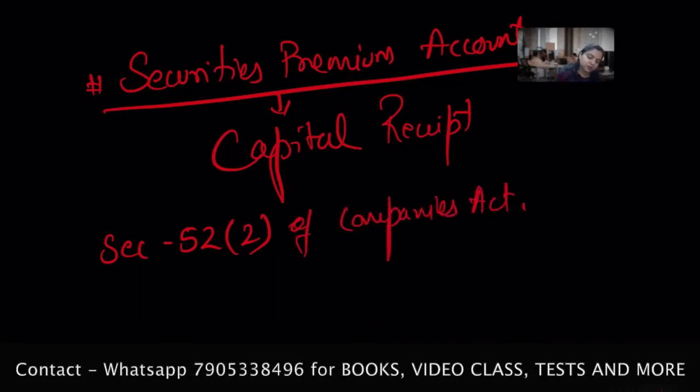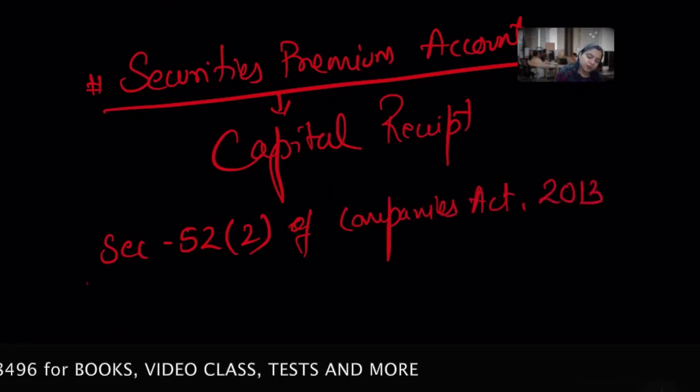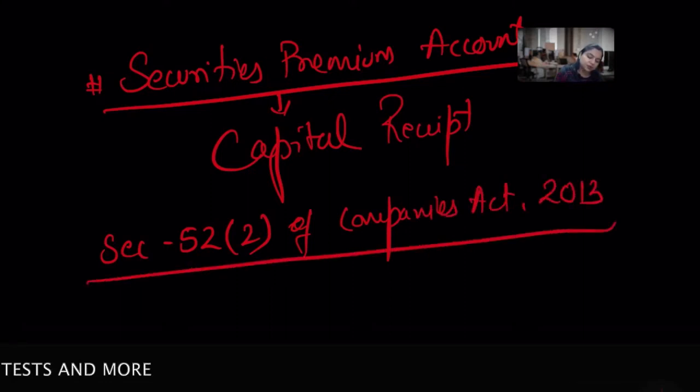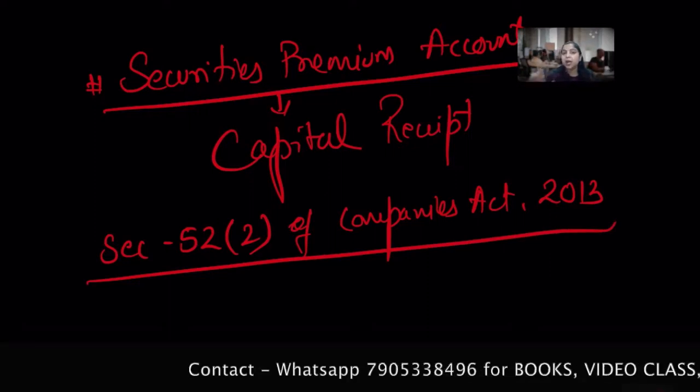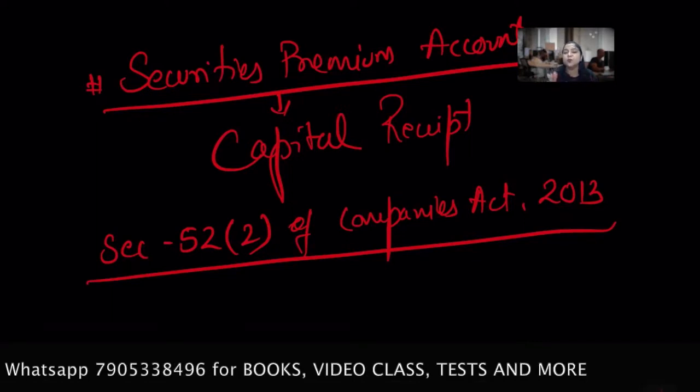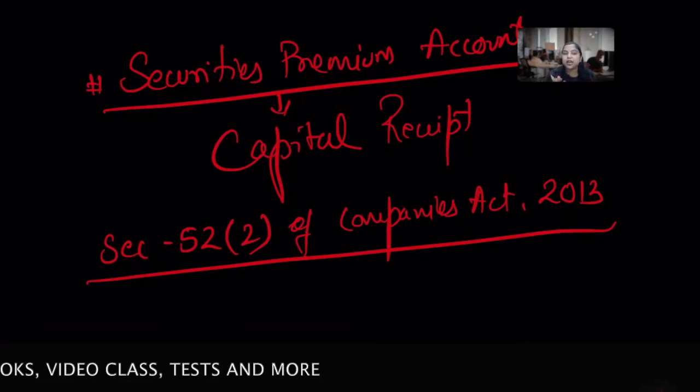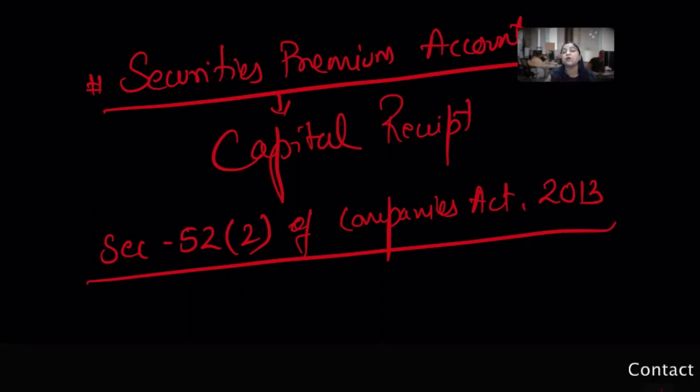Companies Act 2013. Again, I am reminding you, there is no restriction on the issue of shares at a premium, but there are certain restrictions at the time of disposal. That means there is a restriction on the application of the premium received, whether on application or allotment.